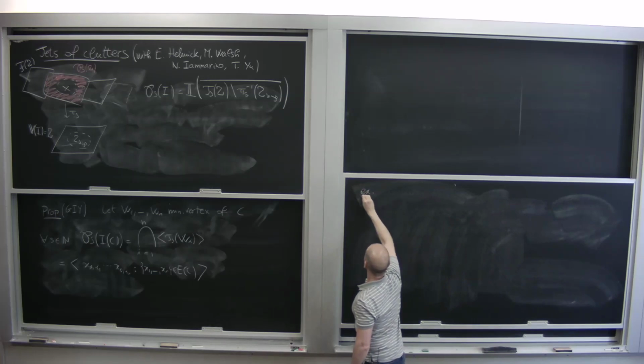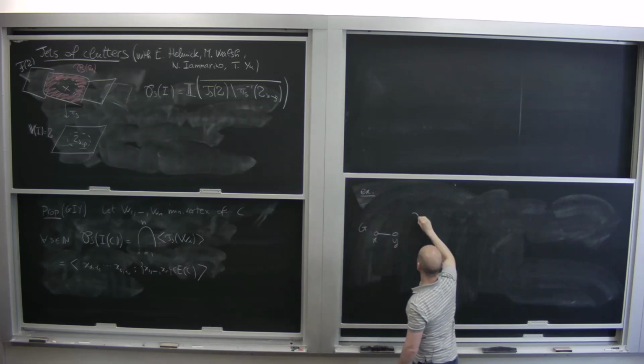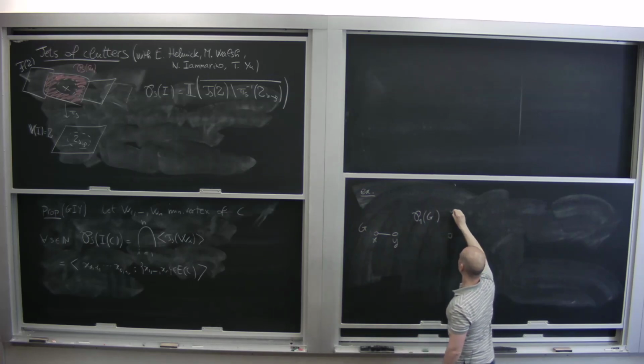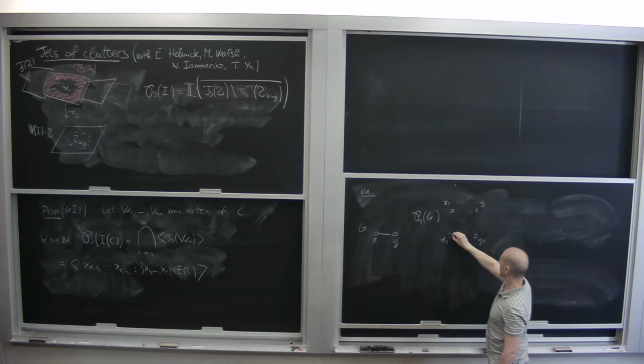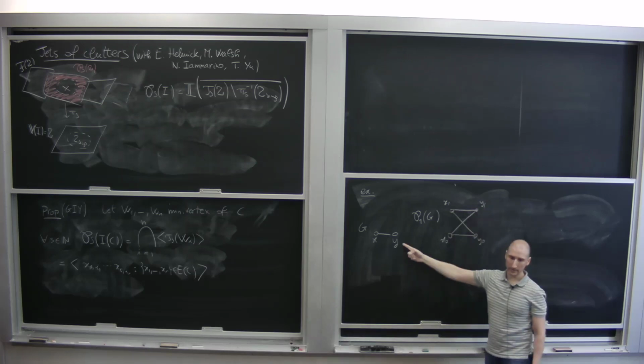And again, let me do my simple example. If this is a graph G, what does P1 of G look like? Again, I have to have on my variables x0, x1, y0, y1. But now you put in all the cross edges whenever you had an edge in the original graph.